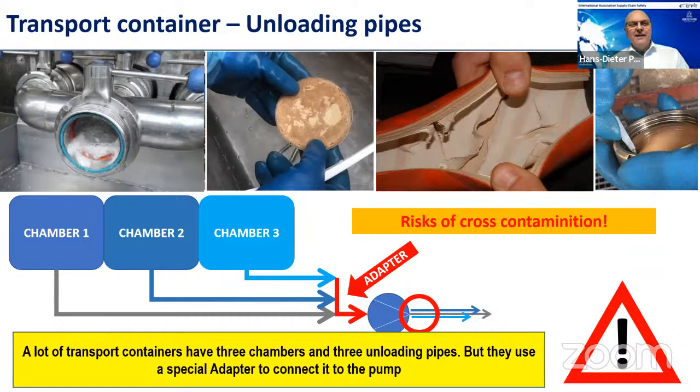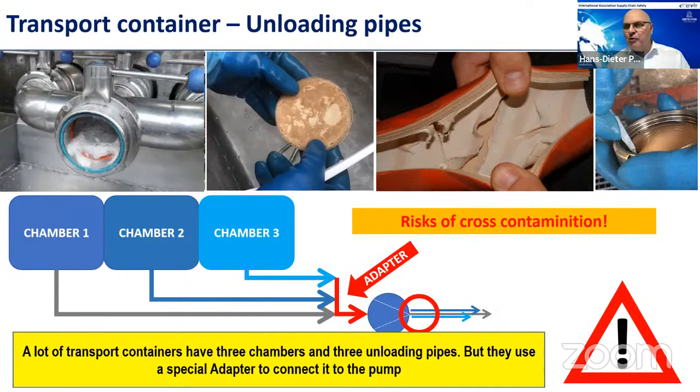But at the end of the day, you see on the left side, in this picture, they have a pipe with some valves, and they bring it together to one outlet, and then to a pump for unloading. So the idea is not too bad, to say 3 chambers, 3 lines, but when they bring it together by this connector to one pump, we have the same situation as before.